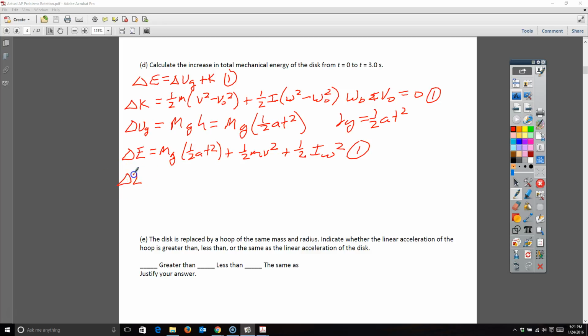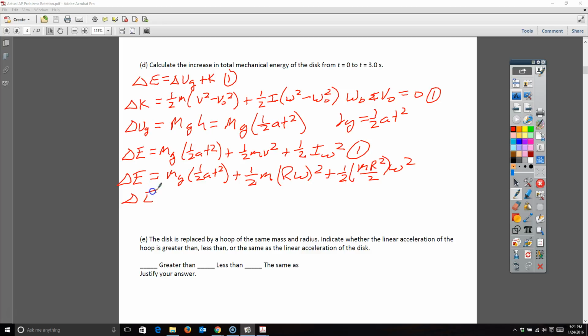So here delta E, or the change in energy, is equal to mg times 1/2 at squared plus, now we have 1/2 of the mass times, remember velocity would be r times omega, and that's squared, plus 1/2, and then I is mr squared over 2 for this object, times omega squared.